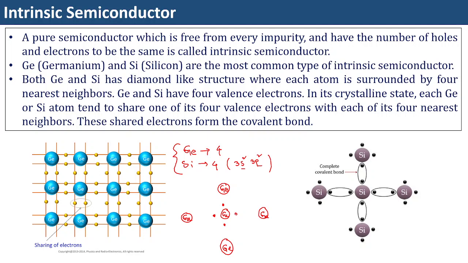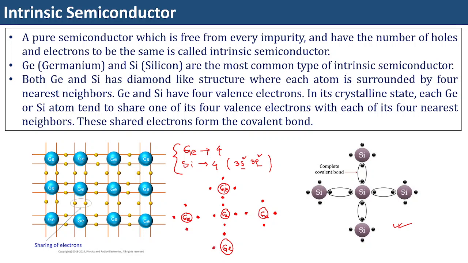Although I am showing it with germanium, the same thing happens even in the case of silicon, as has already been shown in this particular diagram. So now this germanium atom will have another 4 electrons like this. This germanium will also contribute an electron here, here, here and here, and similarly all other germanium atoms will contribute their electrons.